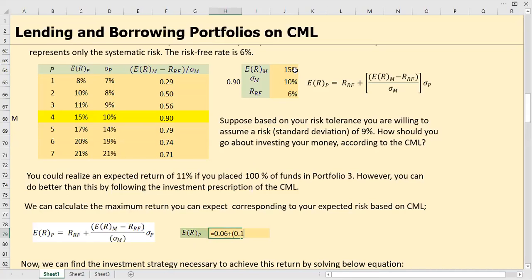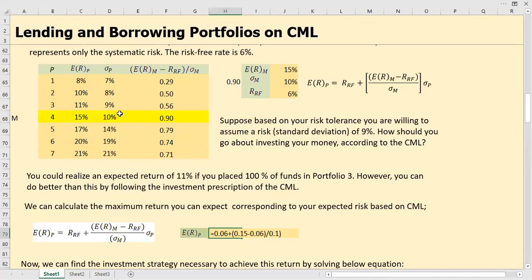So 0.15 minus the return of the risk-free rate, 0.06, and divided by the market standard deviation that we have identified here, it is 10%, 0.1. So that is the middle part, 0.1, because for the market we already identified 15% expected return and 10% standard deviation.